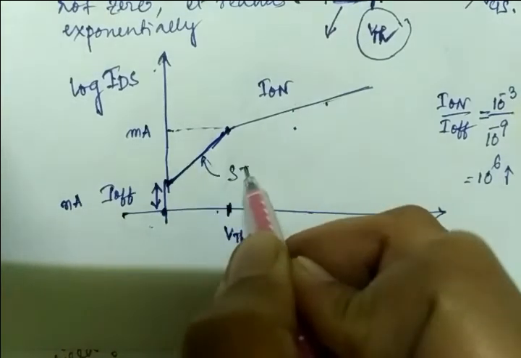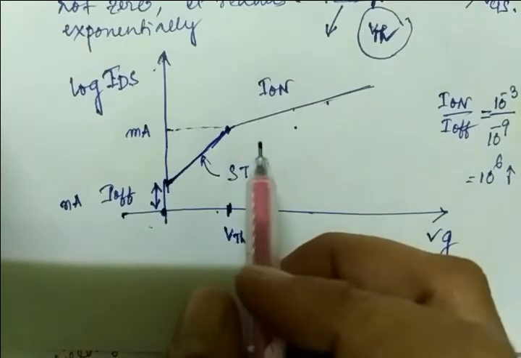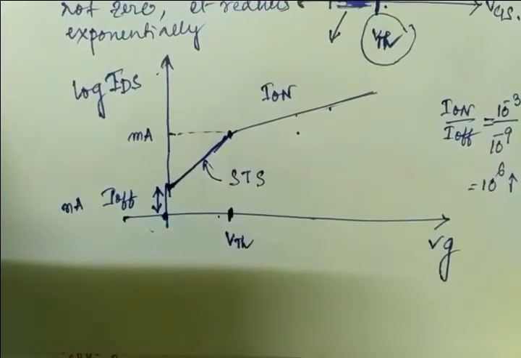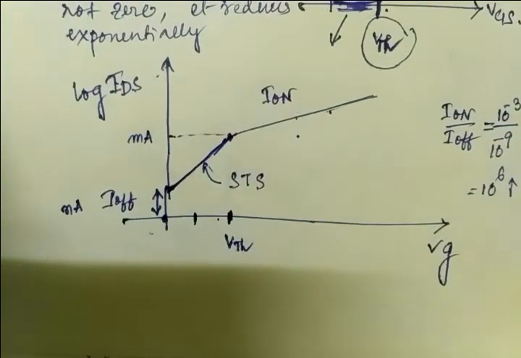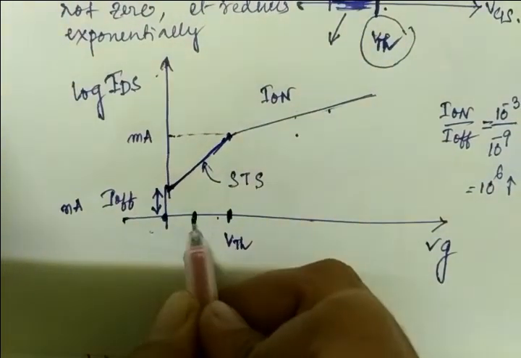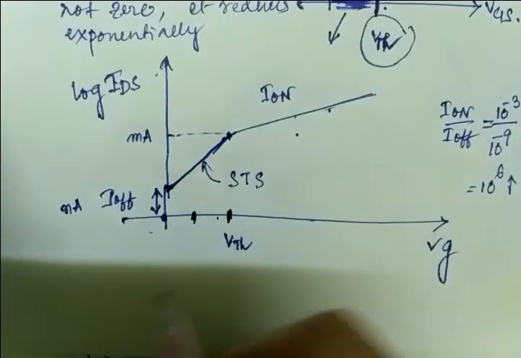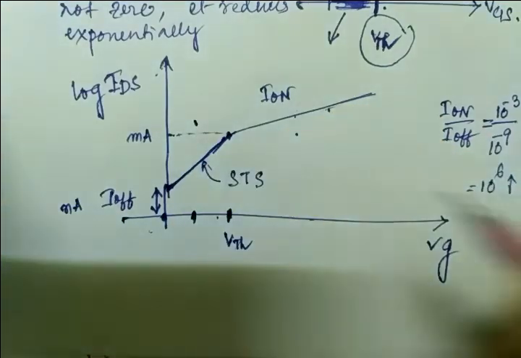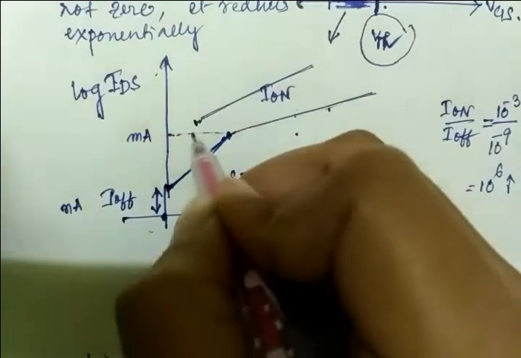The subthreshold slope does not change if we consider a low voltage with respect to your VTH, right? Note it down. If we consider this region, which is low voltage with respect to this, my on current will be this section, and this slope.